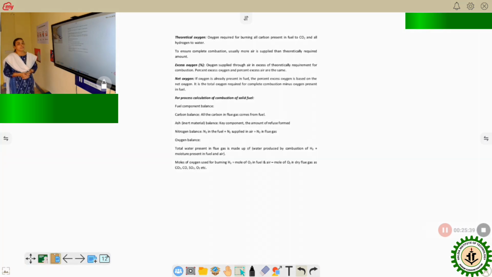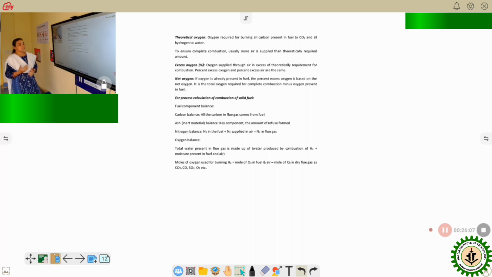Now, for calculation of combustion reaction, we need to know three terms: theoretical oxygen requirement, excess oxygen, that is represented as the percent excess oxygen, and net oxygen. Theoretical oxygen is the oxygen requirement for burning of all carbon present in the fuel to carbon dioxide and all hydrogen to water.